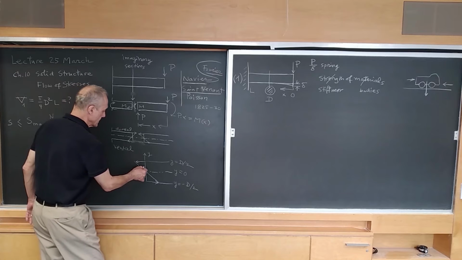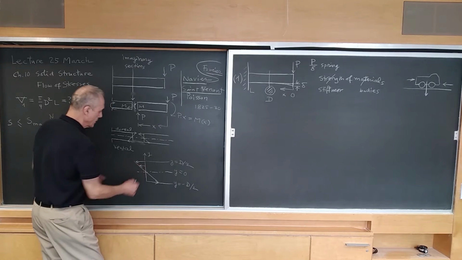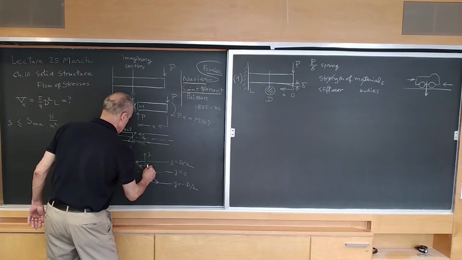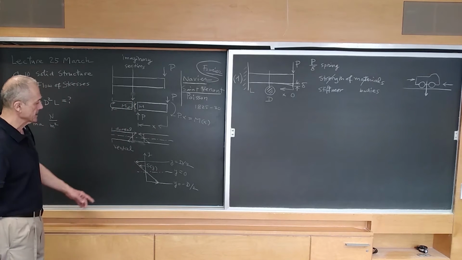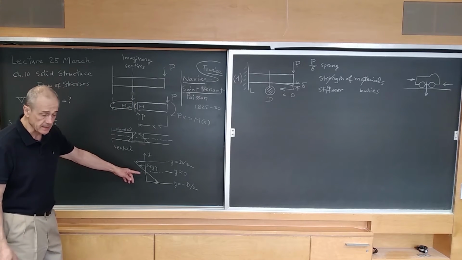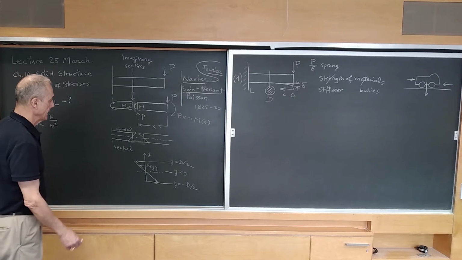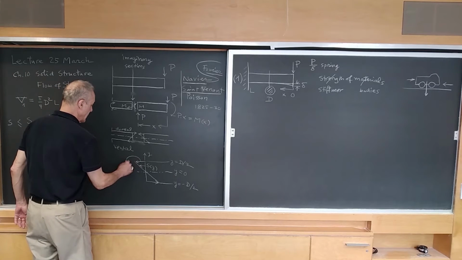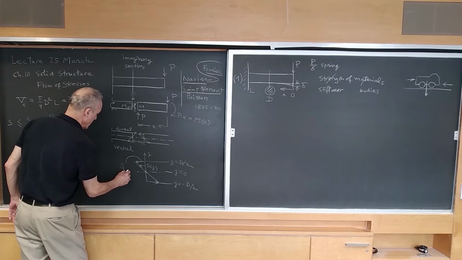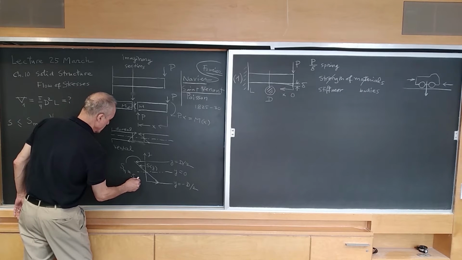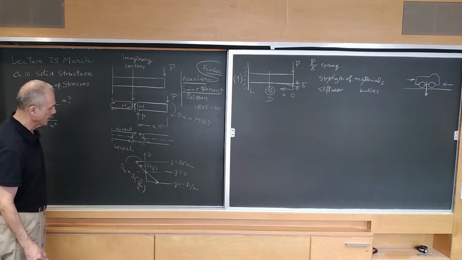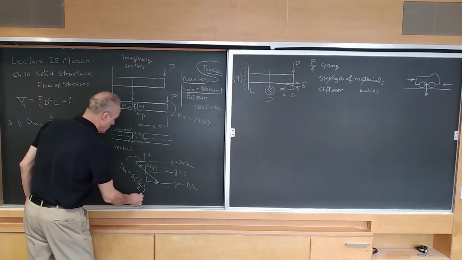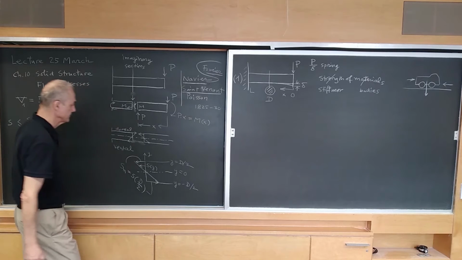The stress that depends on the location y, namely S at location y, varies, as I said, linearly, and its highest value, called S max, is the value of S at the upper fiber, or for that matter, at the lower fiber as well.